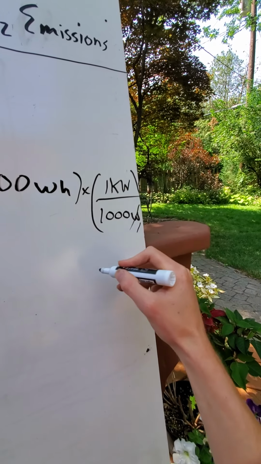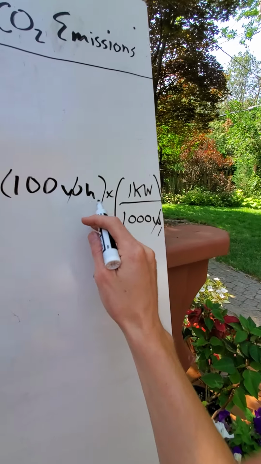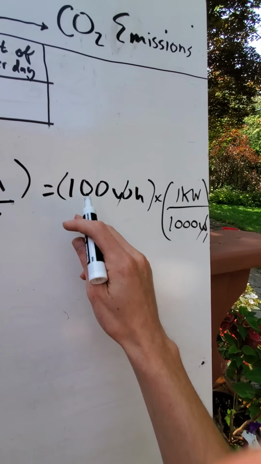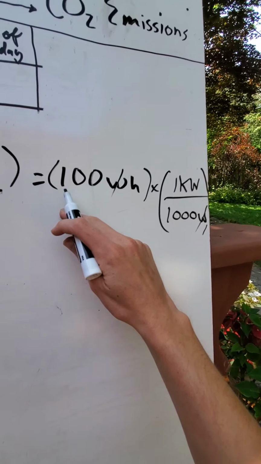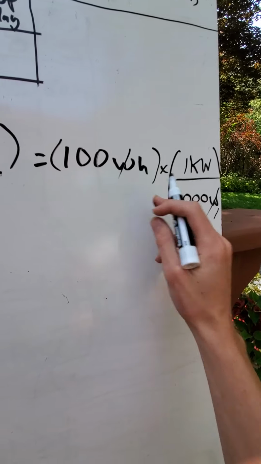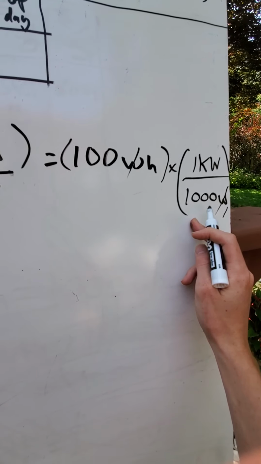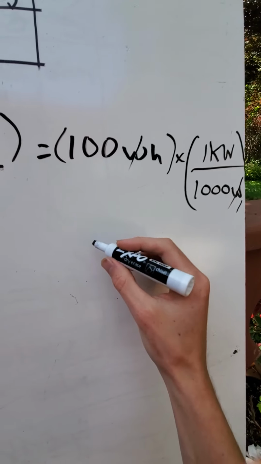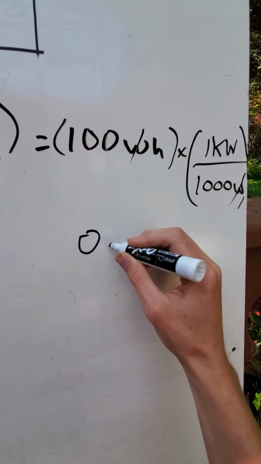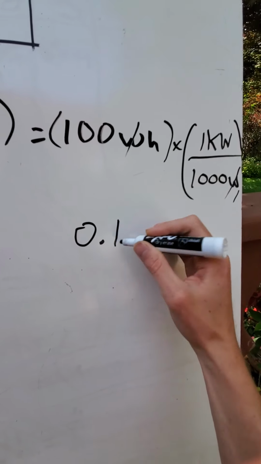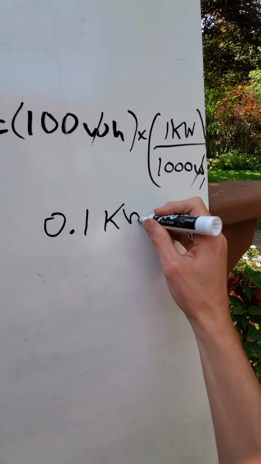So now our watts will cancel. We're still left with hours, which is cool. And now we take 100 and we divide it by 1,000, and that's going to leave us with 0.1 kilowatts.